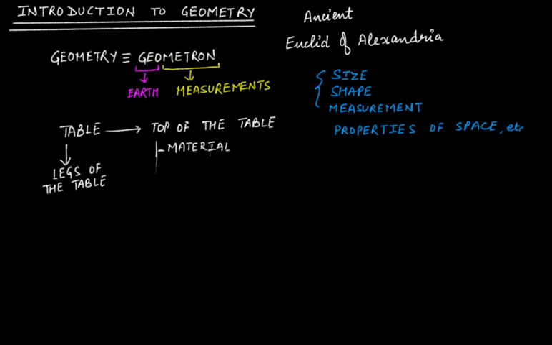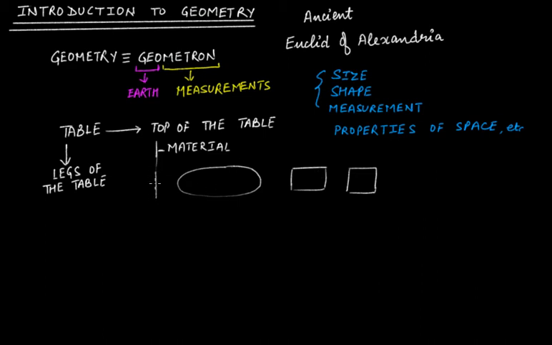Then you will decide, okay, I have chosen the material, what shape can I give to the top of the table: whether it's going to be round, or something flat, and in flat also it can be a rectangle, a square, or maybe a mixture of this flat surface and the circular, round one.